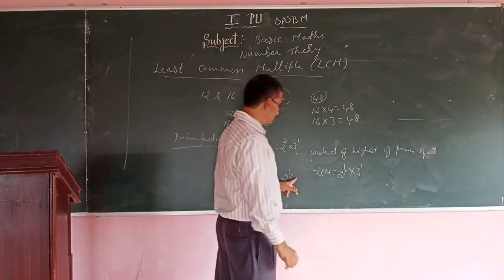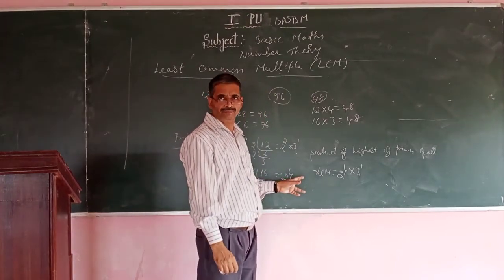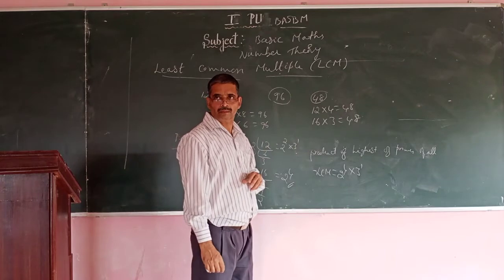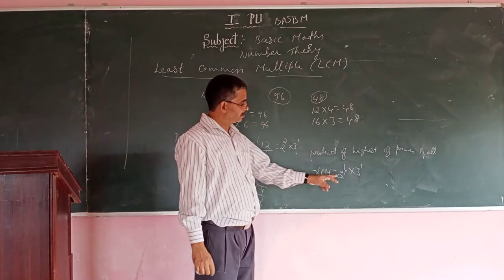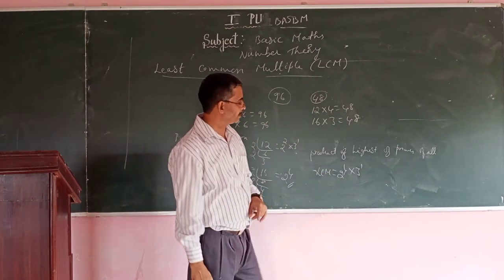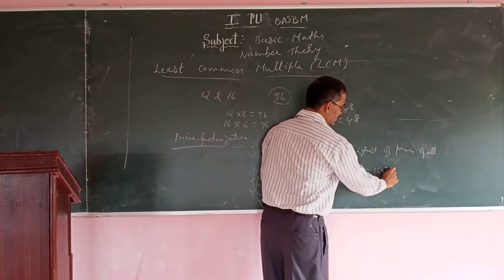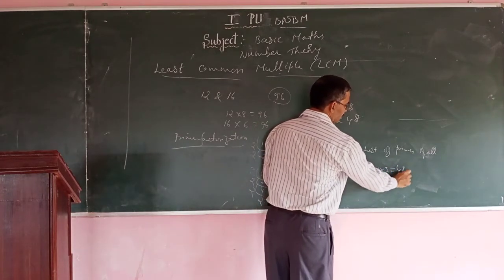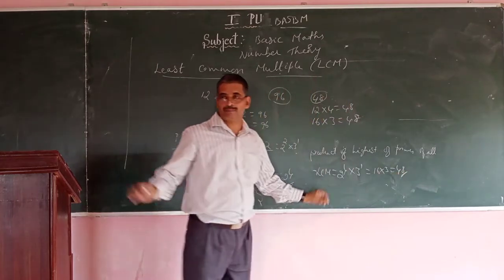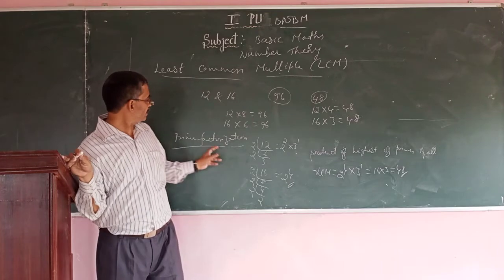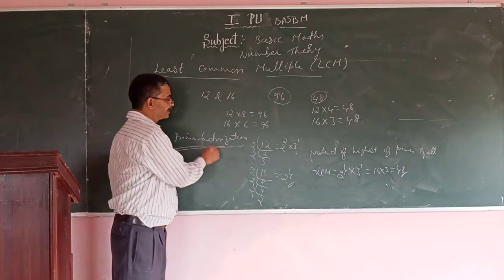Of course, here you can take 3 to the power 0, but you don't need to. 3 to the power 0 is 1, so 3 to the power 1 is bigger than that. So 2 to the power 4 into 3 to the power 1, that is 16 into 3, which is 48. So this is how we can get the LCM by the prime factorization method.